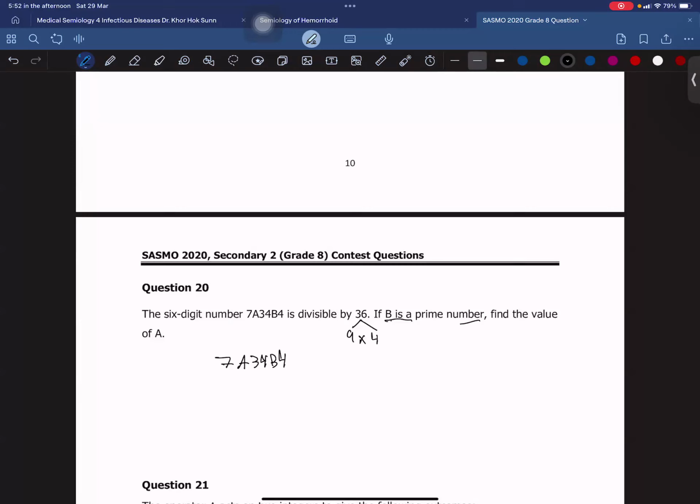It's a prime number, so what if we test it as 2? Because when it is divisible by 4, the last two digits are going to be a multiple of 4.